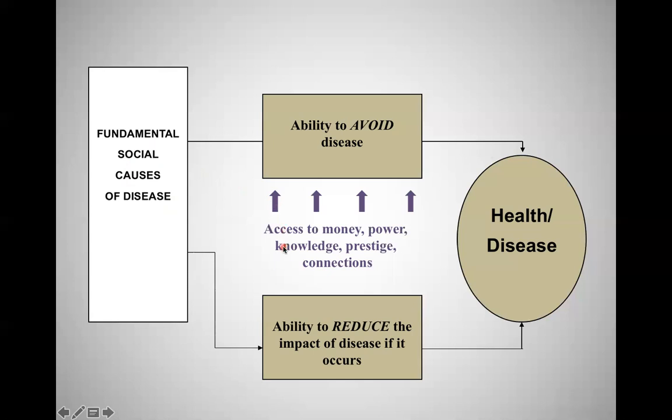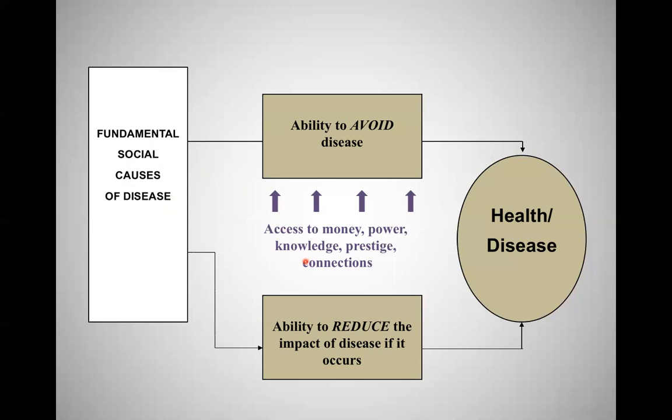These, from a fundamental cause perspective, are access to money, power, knowledge. And knowledge here can be education, but it can also be a bit broader than basically a person's level of education only.